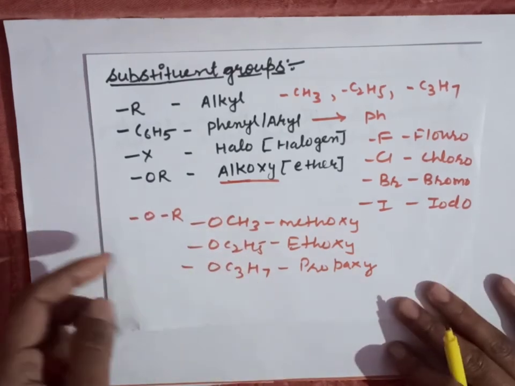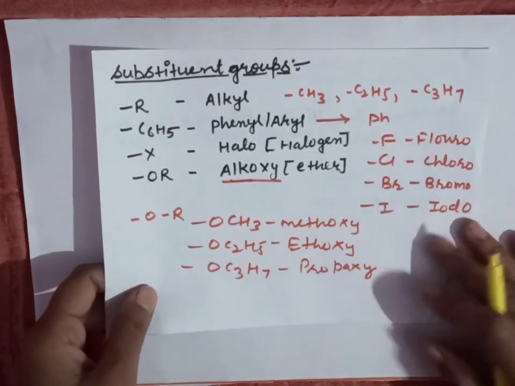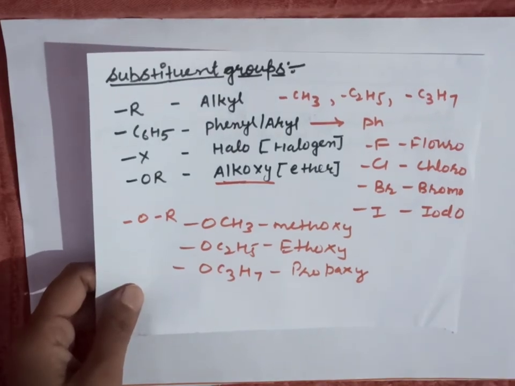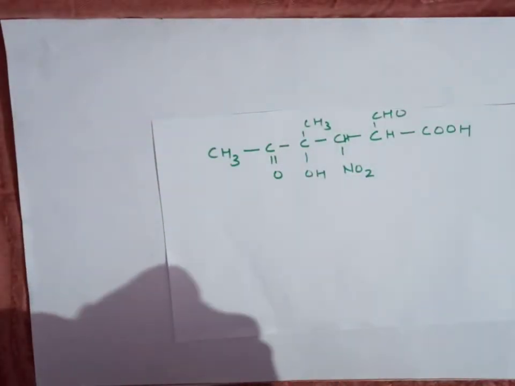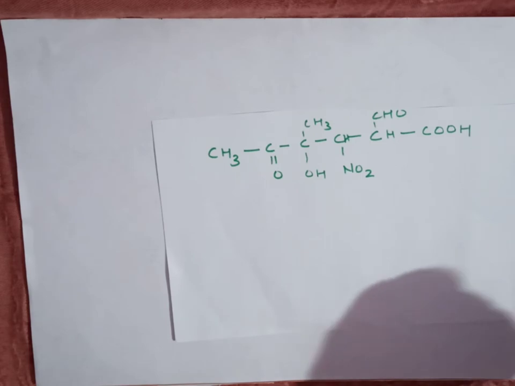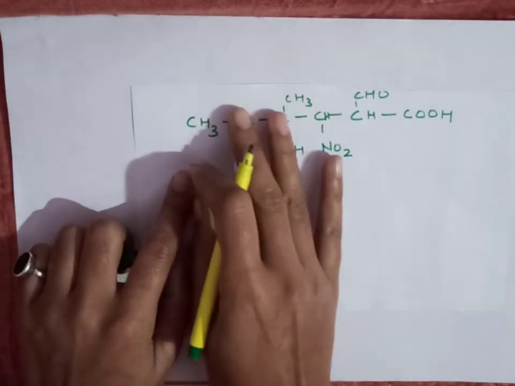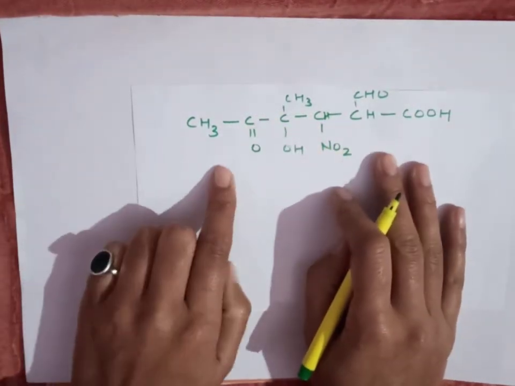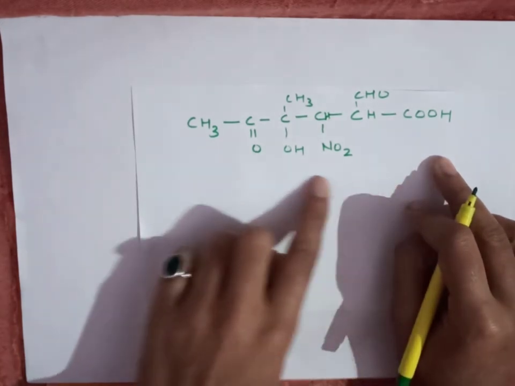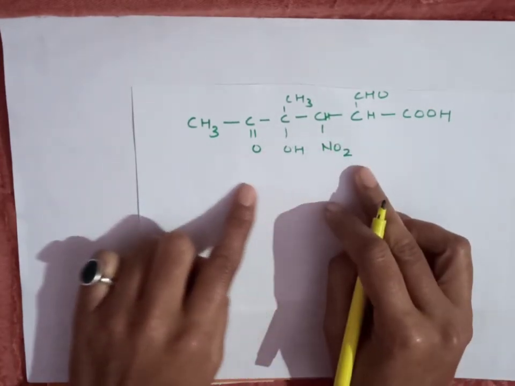Okay, so now let us take one example, then we will understand it. So children, this one is an example. In this compound you are seeing many functional groups present.